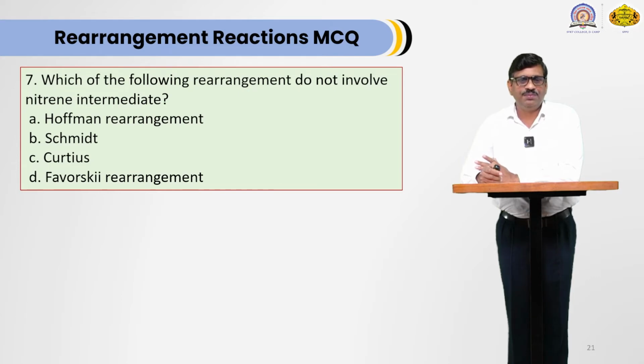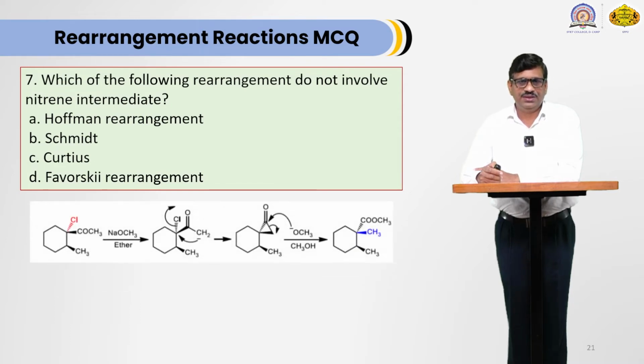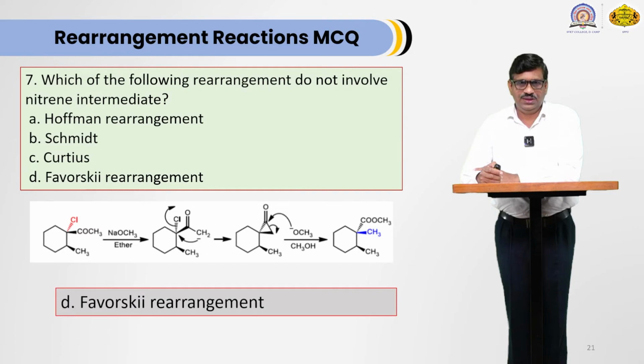That's why all three compounds contain nitrogen, and nitrene intermediate may be formed in A, B, C. Only option remaining is Favorskii rearrangement, and we know that in Favorskii rearrangement alpha haloketone is the starting compound, and that's why Favorskii rearrangement is the correct answer of this question.